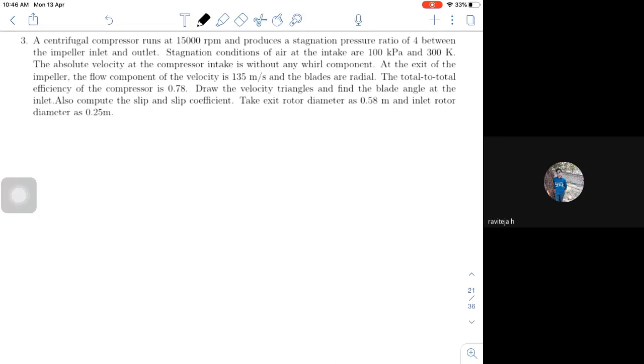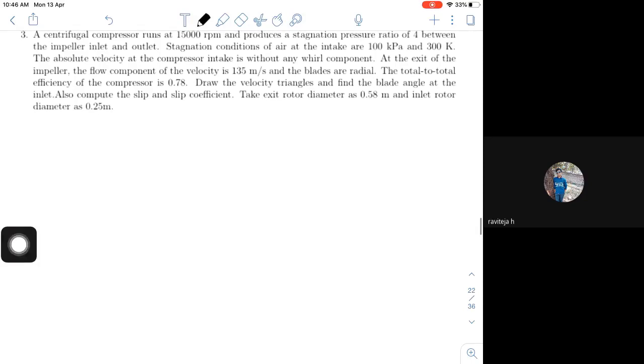So this is what is given in the numerical. Let's try to solve it. Let's write the data given.